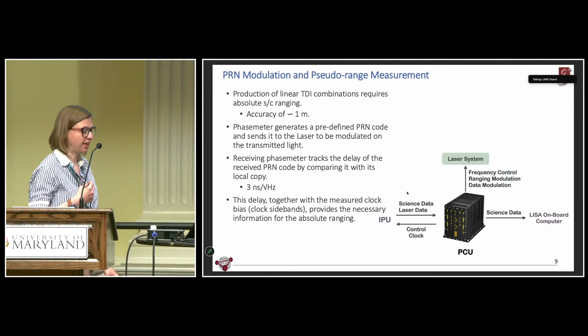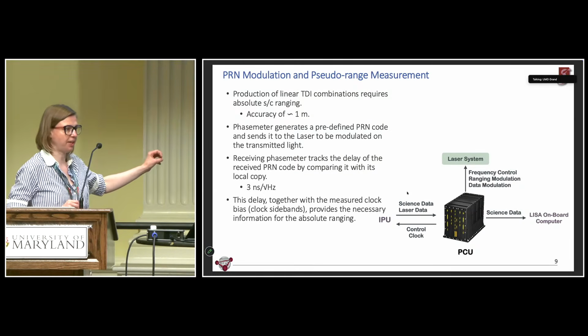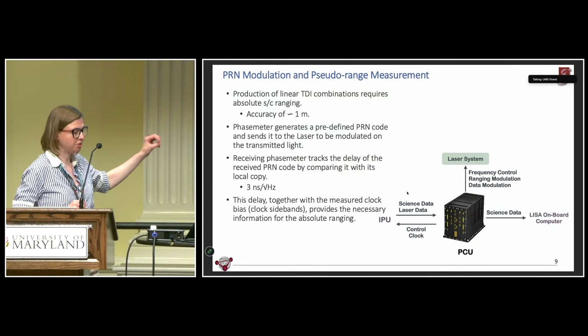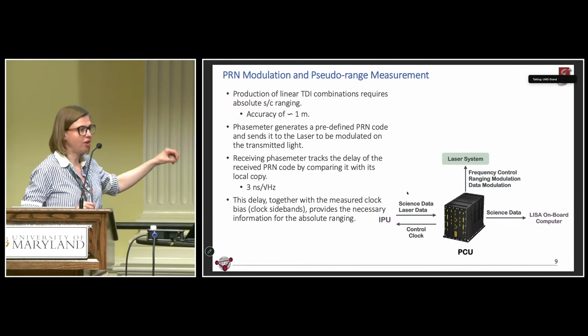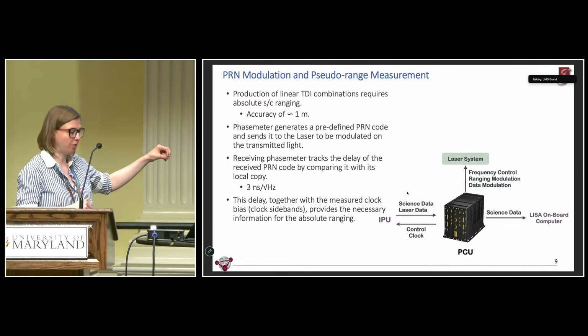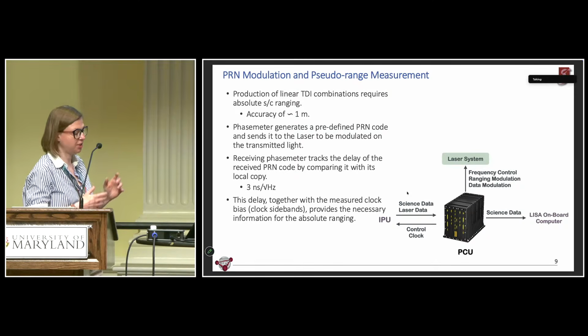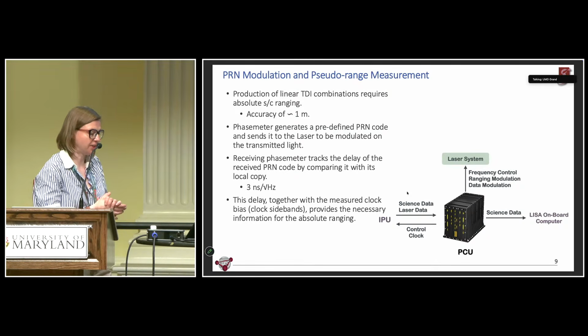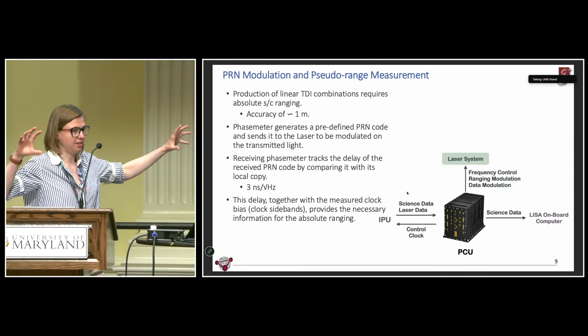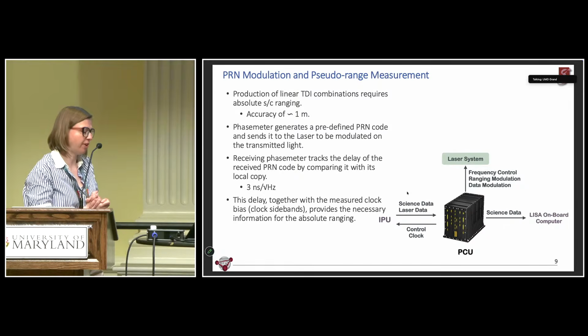It does that by generating a predefined pseudo-range code that is sent to the local laser, imprinted on the laser light and sent to the far spacecraft, which has to track the delay of this code with respect to its local code to a precision of 3 nanoseconds per root hertz. Again, this is a super stringent requirement, and we need the whole chain to verify this requirement.